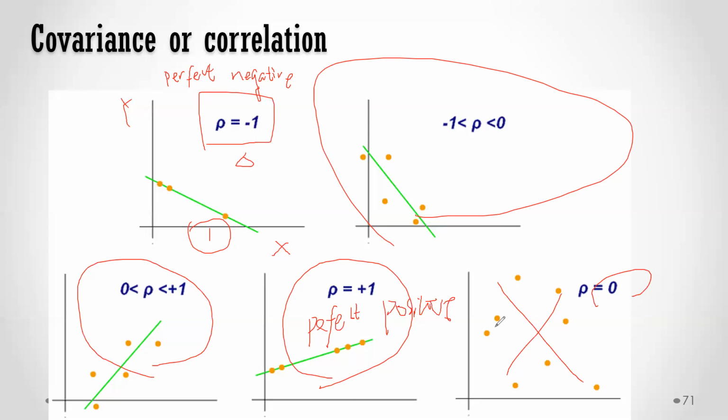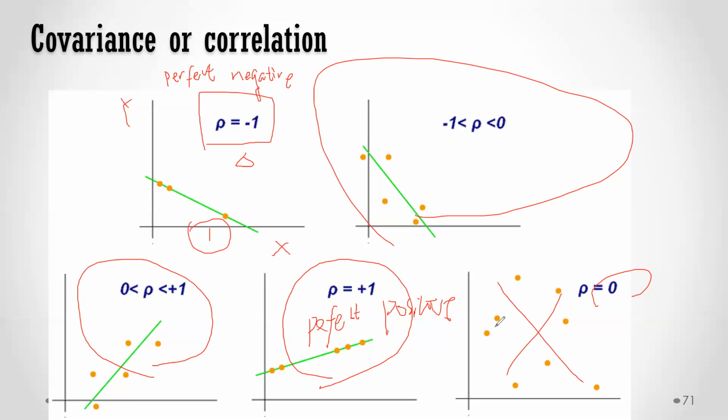So I just need you to remember that correlation is a standardized covariance, standardized by the product of the standard deviation of A and B. Why do we standardize by this number? Because by standardizing covariance by the product of A and B standard deviations, we can get a beautiful number, the correlation, ranging from -1 to +1. If the correlation is -1 or +1, we say they are perfectly correlated with each other.